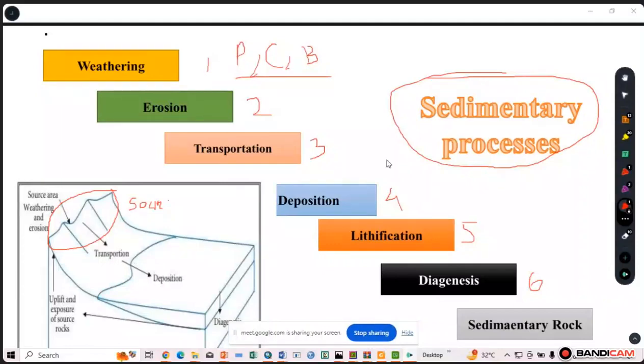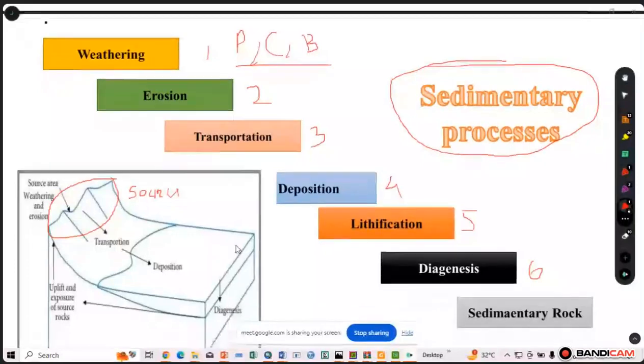After the deposition, these rocks get lithified. And after that, the process of diagenesis is involved in the formation of the sedimentary rock. We will read clearly about lithification and diagenesis in the next class.